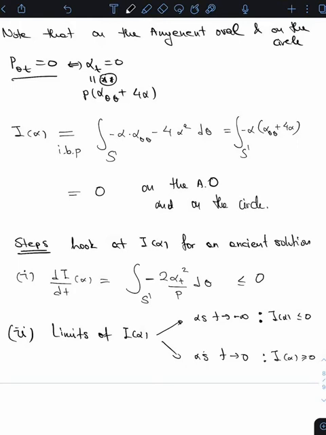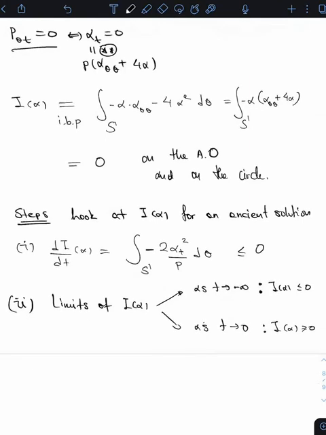Now we have something that from less or equal than 0 becomes bigger or equal than 0, but it's also non-increasing. So this means that I alpha has to always be 0.